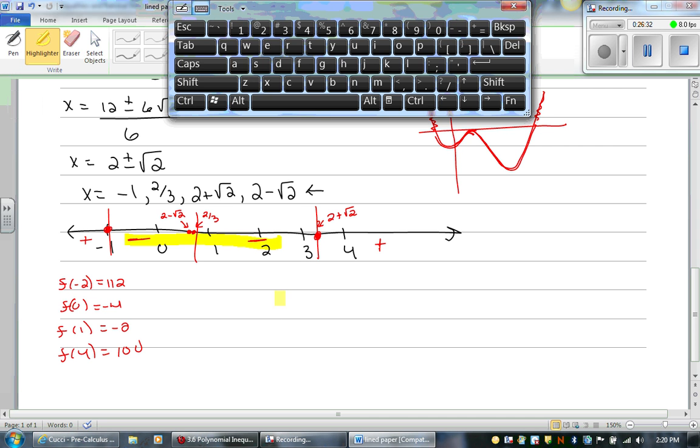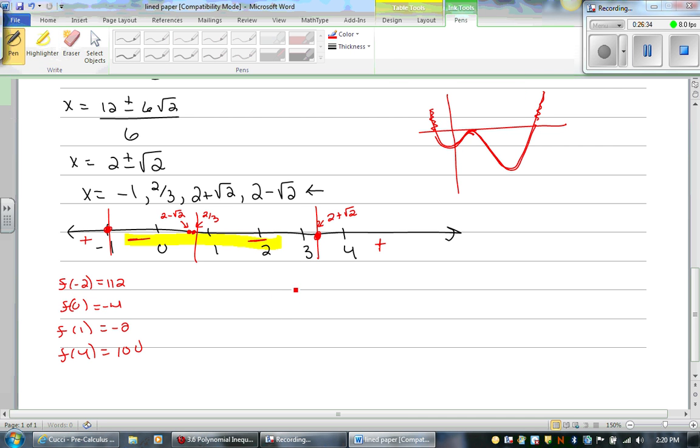So my solution is going to be on the interval from -1 to 2 minus radical 2, union 2/3, because we know that's a 0, so we have to include it, to 2 plus radical 2, and then that's going to be included.